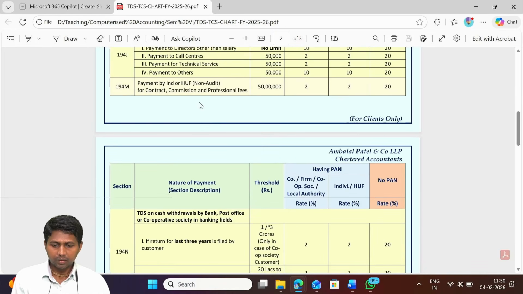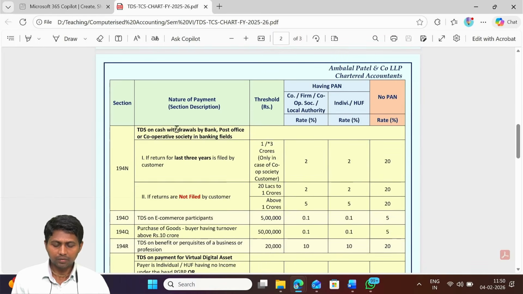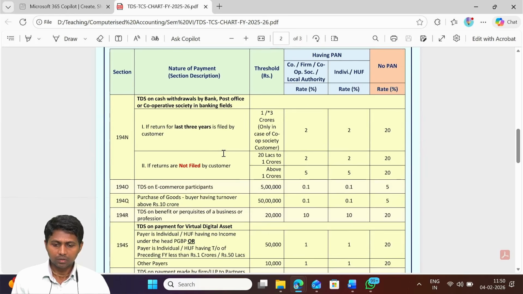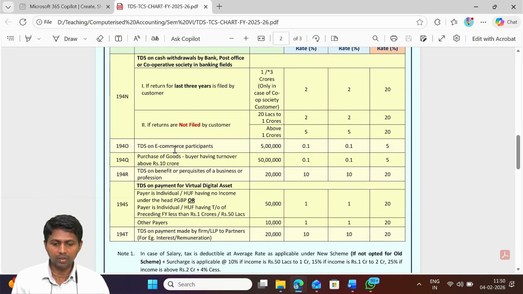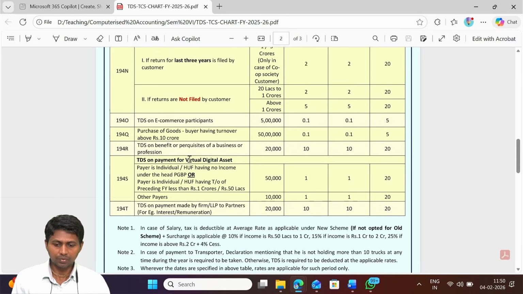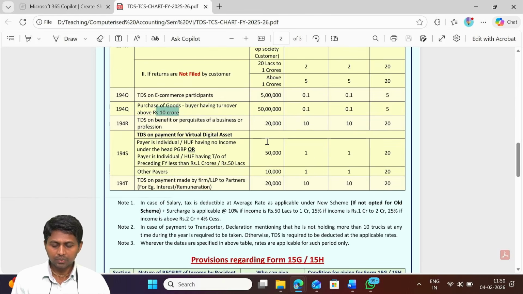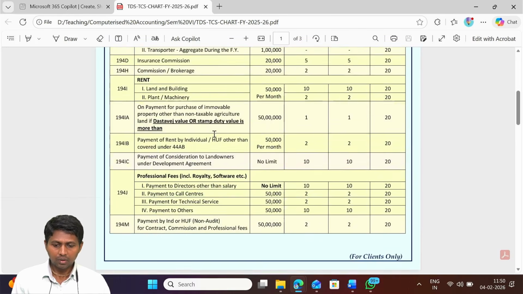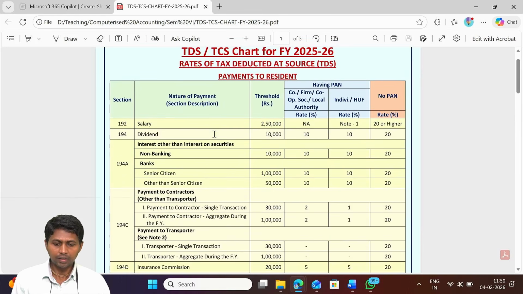Correct. Then if high value cash is withdrawn, they are saying we have a threshold of 1 crore, but if we withdraw cash, then TDS may attract. And then e-commerce participants for the purchase of goods more than 10 crore rupees, and the value of that bill. That means for purchase of goods, all these are covered under TDS.